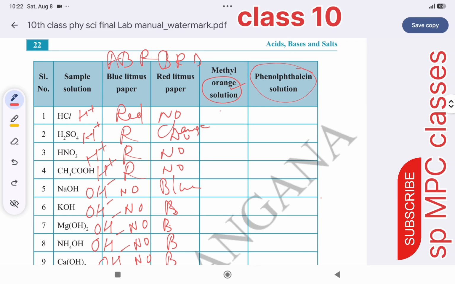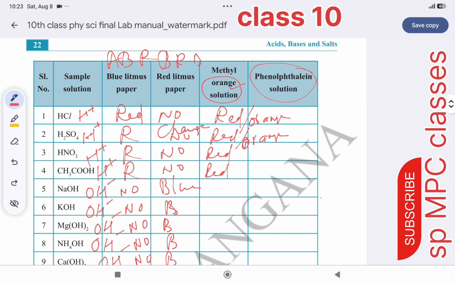So here I will write methyl orange with acid, red. If you want, you can write orange also, orange, red or reddish orange, whatever it may be.